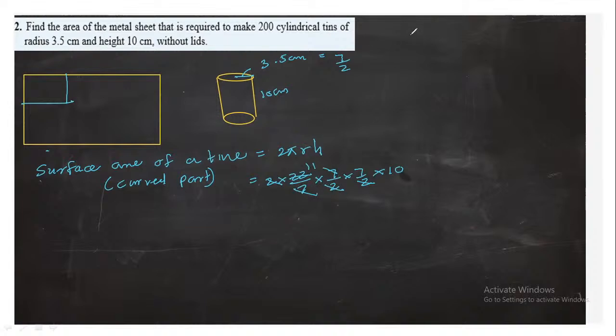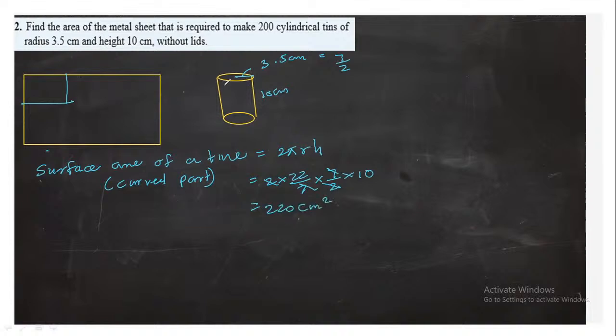Sorry, there is only one r here. We have to find the curved surface first of all: 22 over 7 into 7 over 2 into height 10. Cancel this and this to this. So it is 220 square centimeter.